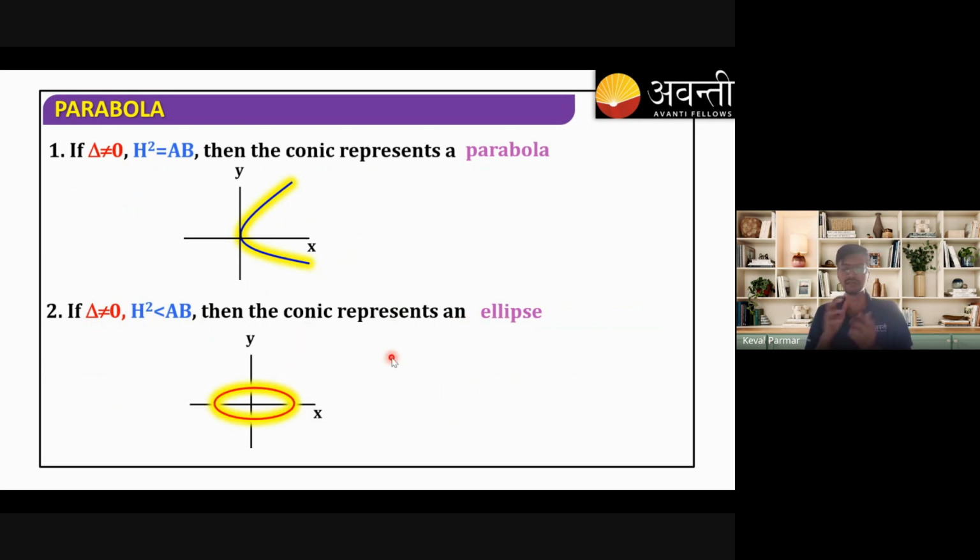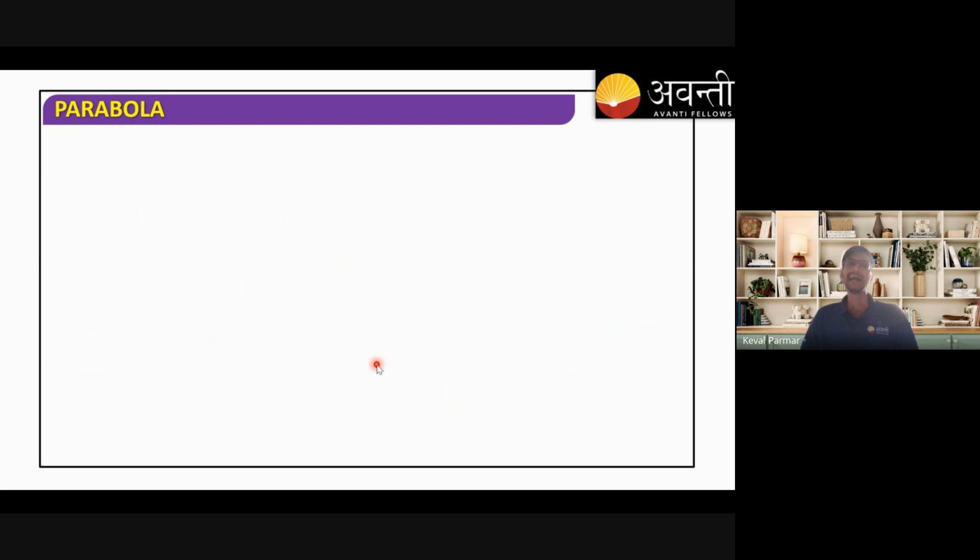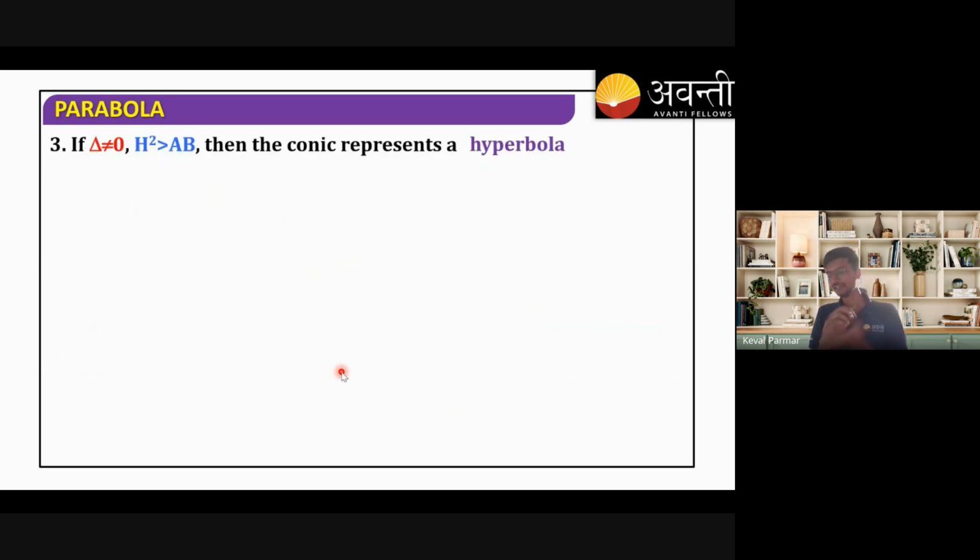I hope you have heard of the elliptical orbit, the earth rotates around the sun in an elliptical orbit, and so on. And the last one is h square greater than ab. It is a hyperbola. So we have 3 conditions: equal to, less than, greater than. If it is equal to, then we get a parabola. If it is less than, we get an ellipse. If it is greater than, we get a hyperbola, which looks like this. It looks like two parabolas are together, but believe me, it is not the same. Chalo.